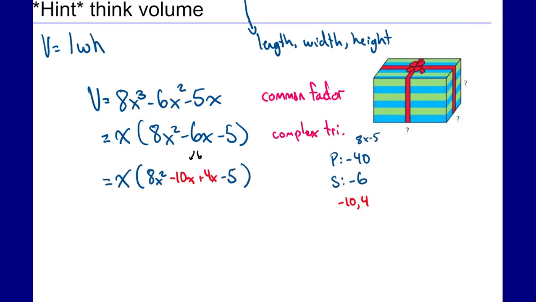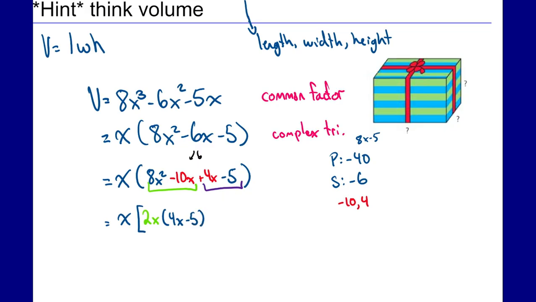I'm going to factor by grouping. I'm going to factor the first two terms and the last two terms. In the first two terms, I can take a factor of 2x out. That leaves me with 4x minus 5.